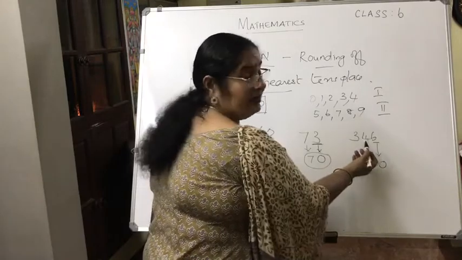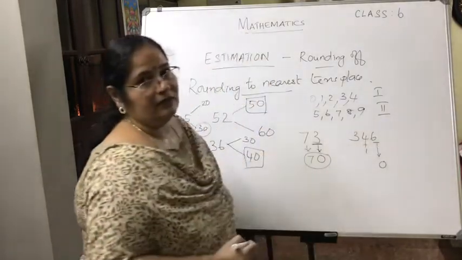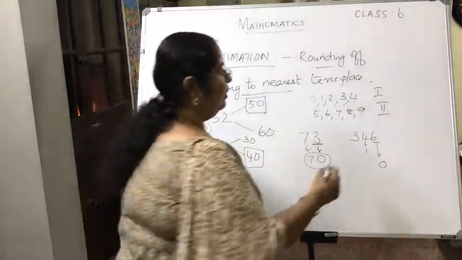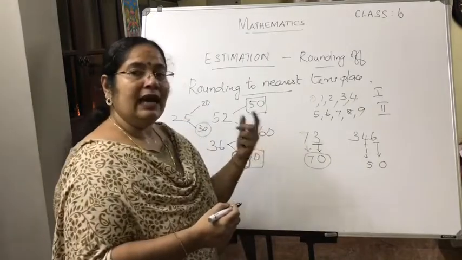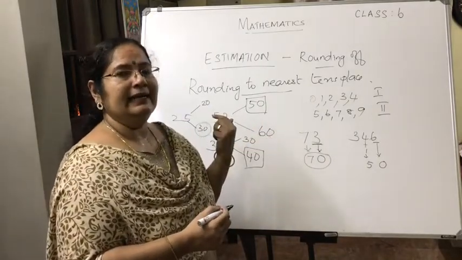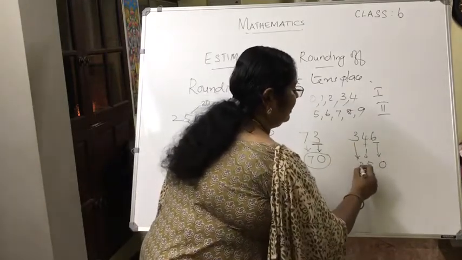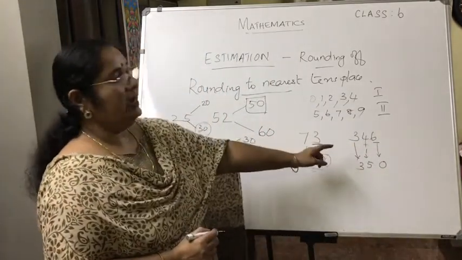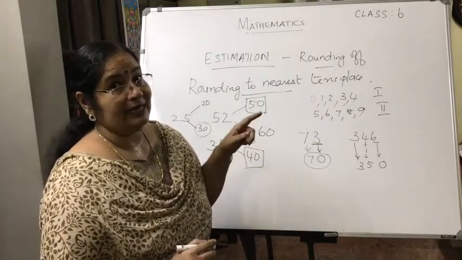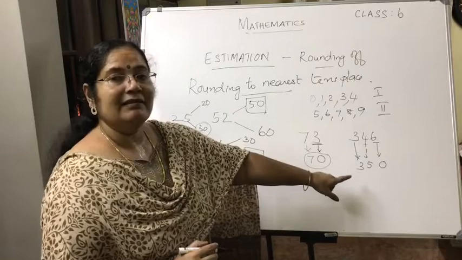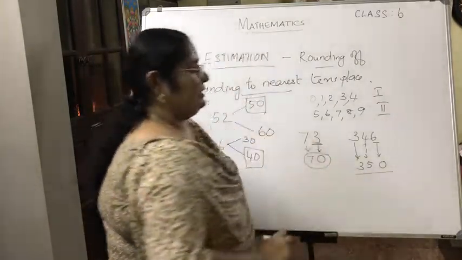What is the digit in tens place? 4. You will add 1 to this. So 4 plus 1, what does it become? 5. And all the other digits will remain the same. So what does this become? This is 3 itself. So 346, when you are asked to round to the nearest tens place, will be 350. Is it clear?